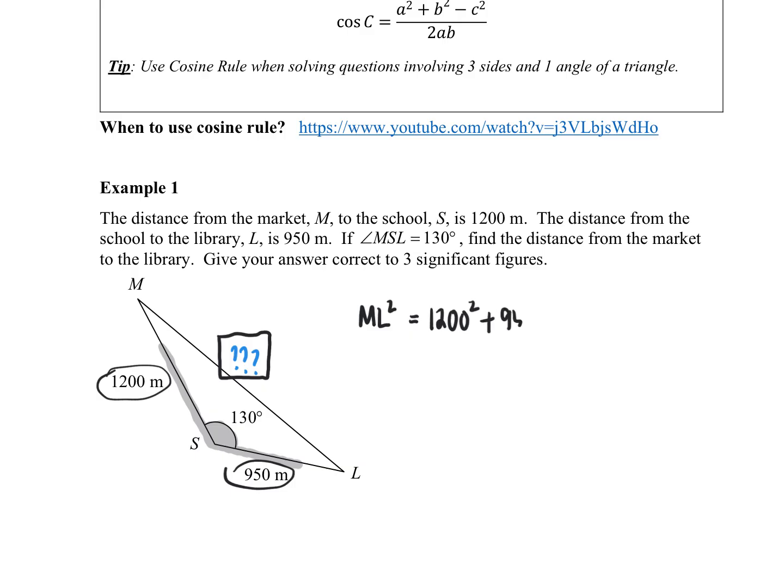So this is like Pythagoras theorem, right? But this is not. So you have to have the extension part. So you are required to subtract away 2 times the product of these two numbers, followed by the cosine of the angle opposite this, which is 130. So this is cosine rule.